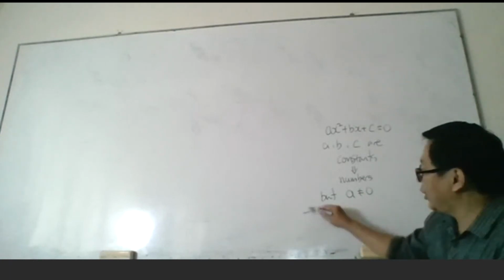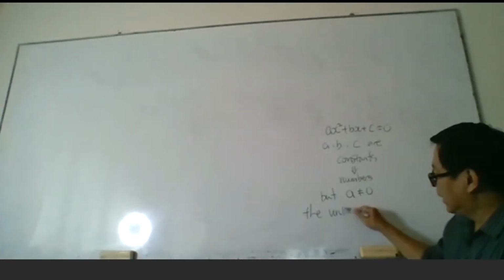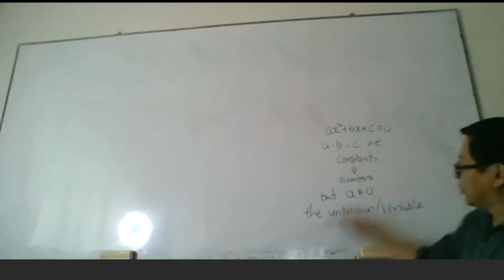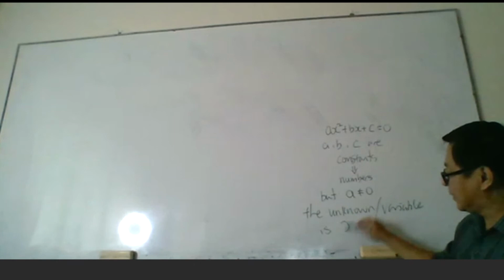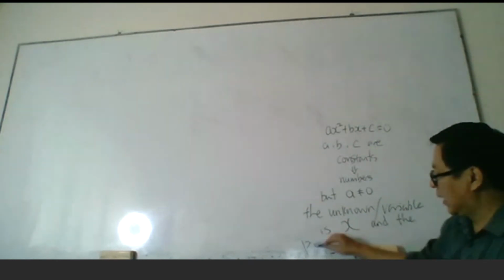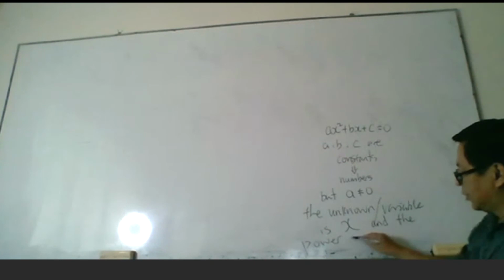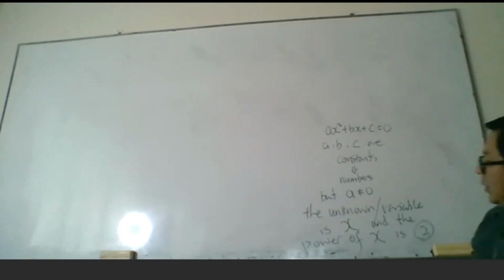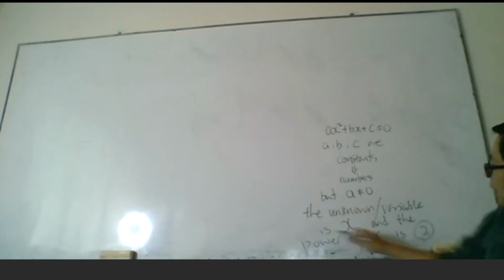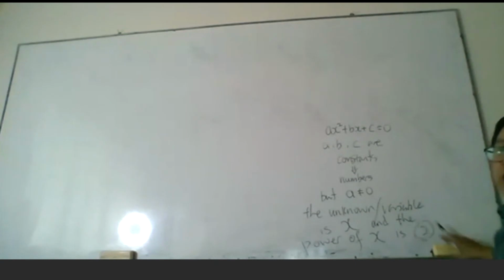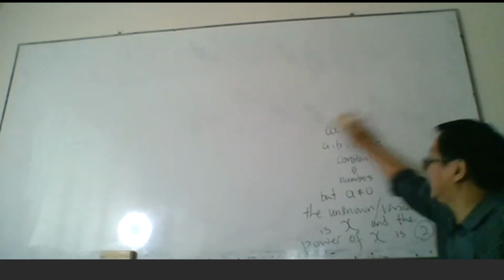The unknown or the variable is represented by x, and the power of x is 2. Not 3, not 4, not even 1. This is quadratic.